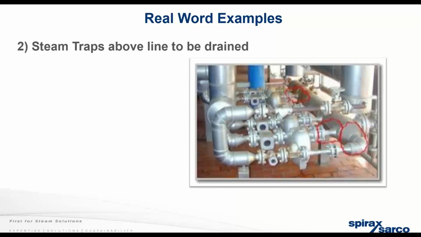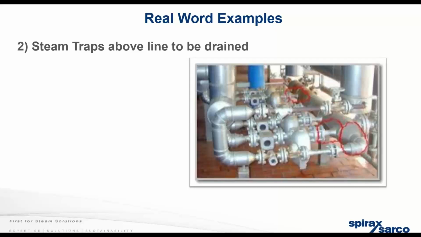This is very, very common: steam traps installed above the line to be drained. In the picture here, I have a number of red lines that show the steam traps off the side of the line. But a steam trap is also a liquid level controller.